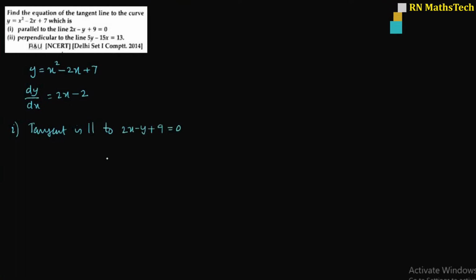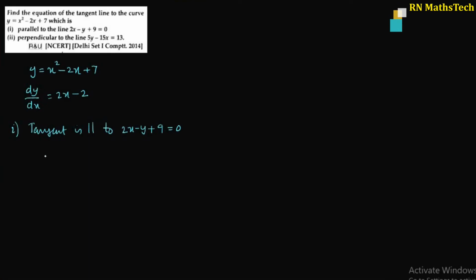Find the equation of the tangent to the curve y is equal to x square minus 2x plus 7, which is parallel to the line. Okay, so y is equal to x square minus 2x plus 7, dy by dx equal to 2x minus 2. Okay, now first case, tangent is parallel to 2x minus y plus 9 equal to 0.